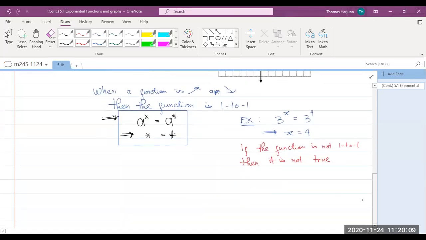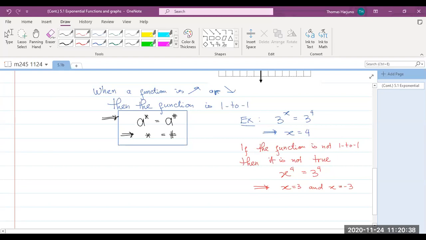For example, if I have x to the 4th equals 3 to the 4th, does it imply x equals 3? The answer is not only 3. In fact, x equals 3 and x equals -3.